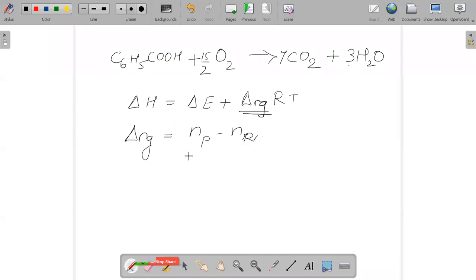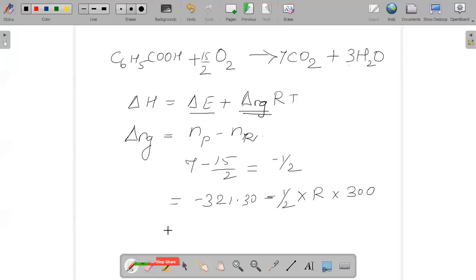Hence, we have 7 minus 15 by 2, which will be minus half. And this value can be substituted here. Delta E, they have given in the question as minus 321.30, minus, as we have calculated, half into R into temperature 300 Kelvin.